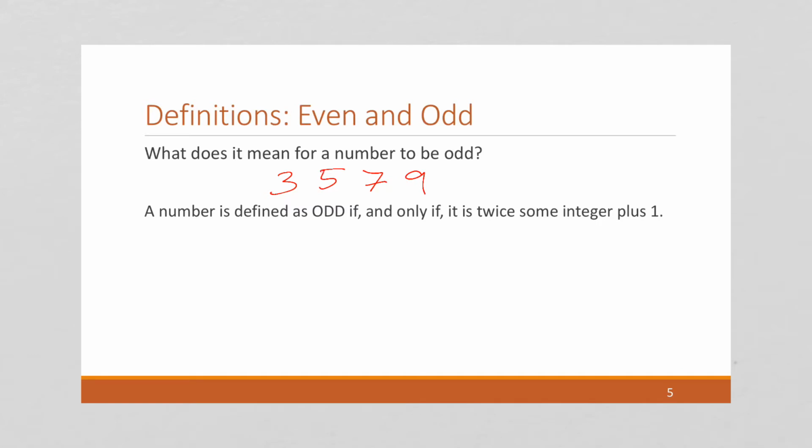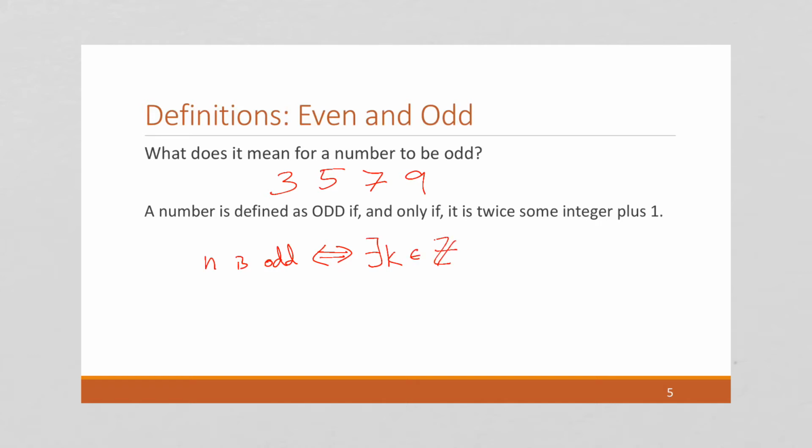So we can do a formal definition to say that a number is odd if and only if there exists some integer. I'm going to call it k again. That's just sort of traditional, but it doesn't have to be k.